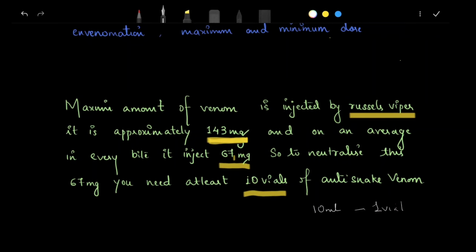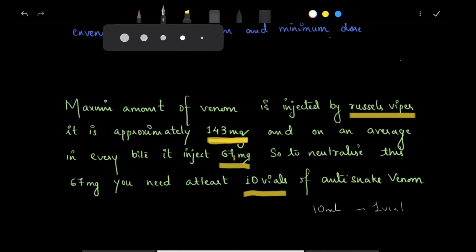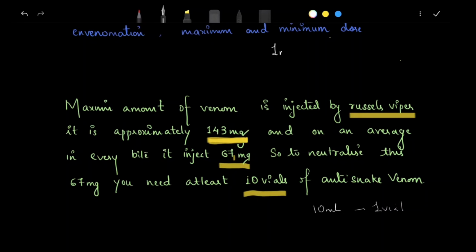Okay. So here we must see that 1 ml will neutralize 0.6 milligram of Russell viper venom. So 10 ml will neutralize 6 milligram, similarly 100 ml will neutralize 60 milligram.